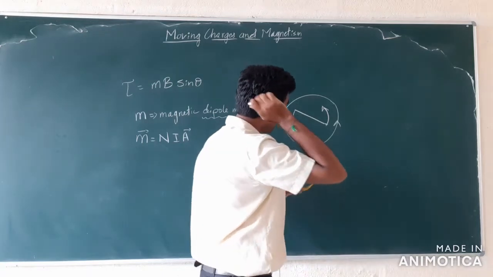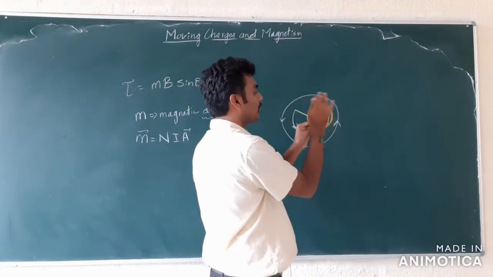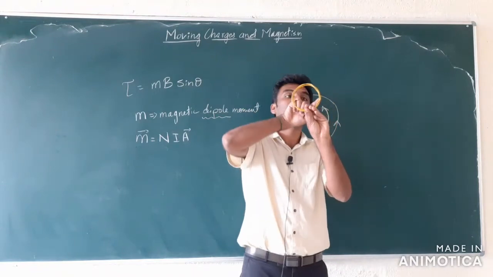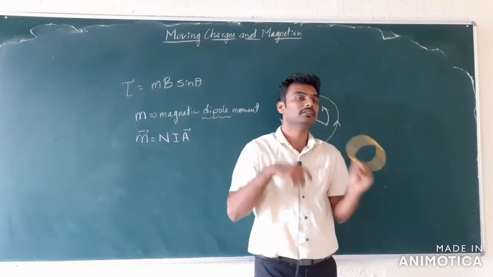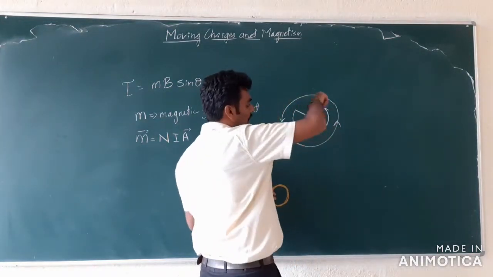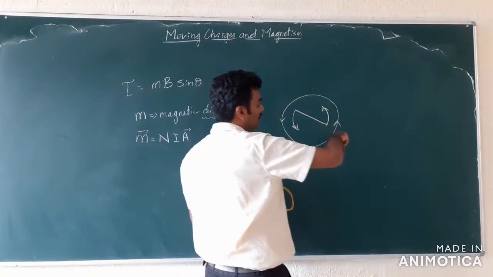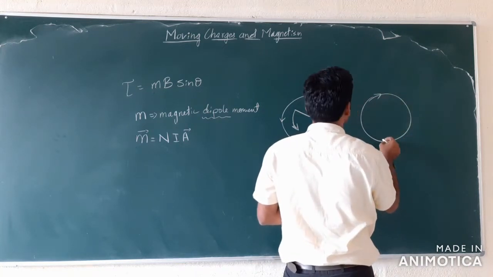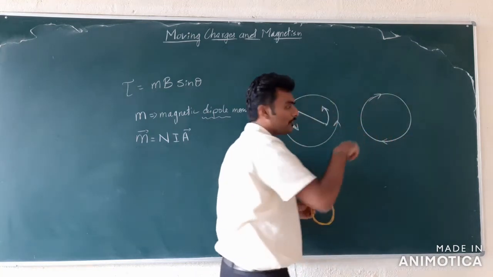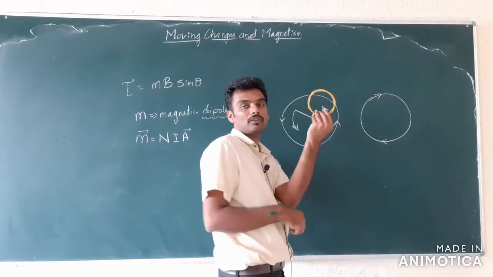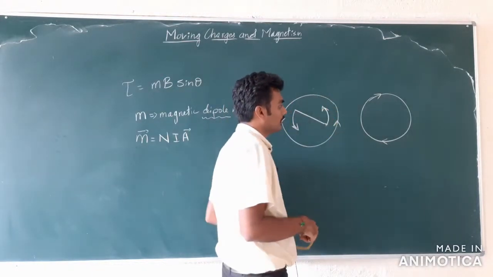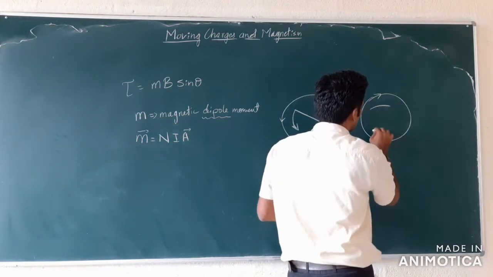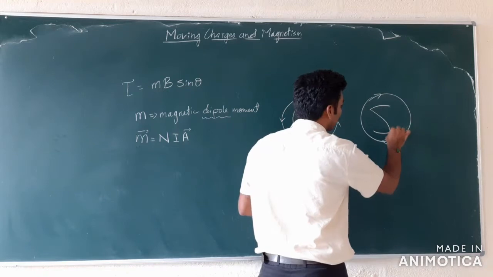Now, if I look at the same coil from this side, for me the current is flowing in the opposite way, in the clockwise direction. Here it is in the anti-clockwise direction, and here the current would be in the clockwise direction. The same coil, when I look at the opposite plane, looks somewhat like this, and I can still do the same kind of pattern and join them.